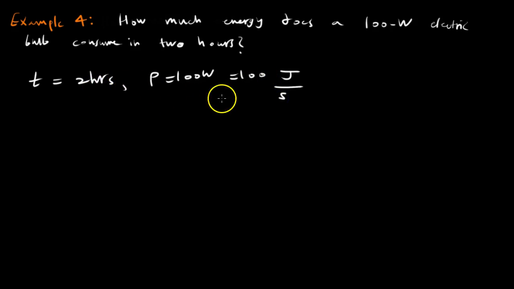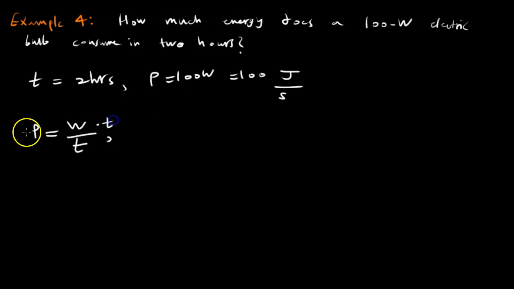And we're given time, so if we convert this into seconds, we can find the total energy. So let's write the power relationship, which is amount of work done per time. So we want to find the energy, so we're going to solve for work.